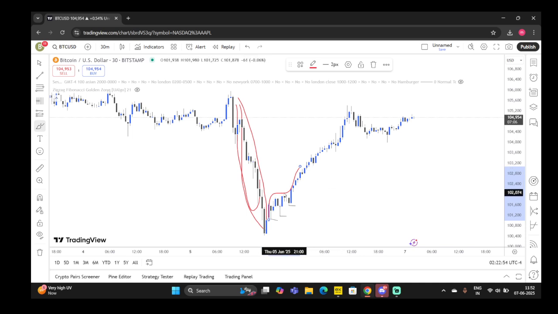So in such a case, you should not try shorting such an instrument, either it is BTC or gold.